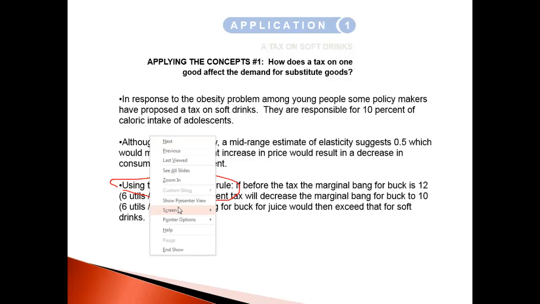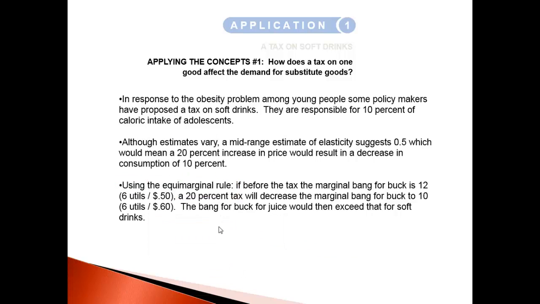And for this example, first off, let's say that good X is the soft drink. So let's say for the soft drink, we get a marginal utility of 12. Now, let's say that the cost per drink is 50 cents.